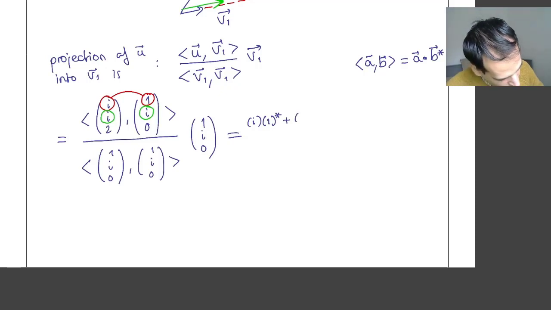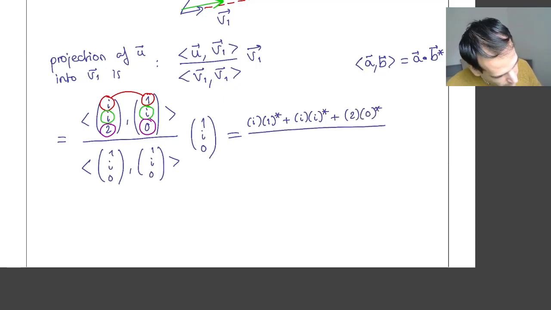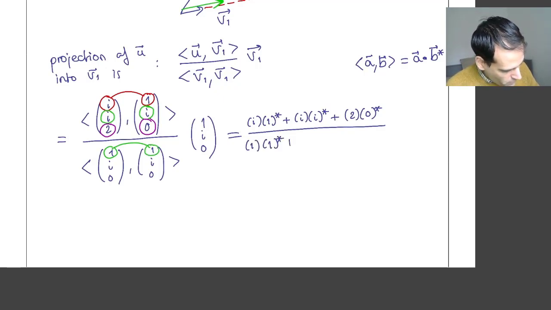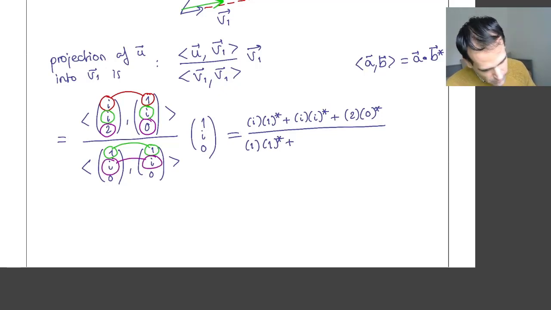So that's 2 times I conjugate, plus the third element, which is 2 multiplied by 0 complex conjugate. So it's 2 times 0 complex conjugate. Divided by, now we do the inner product on the bottom here. So it's 1 times 1 complex conjugate plus I times I complex conjugate.